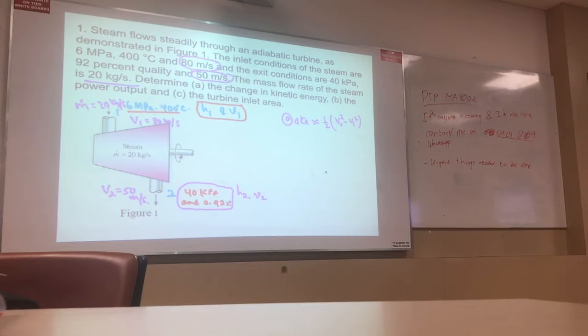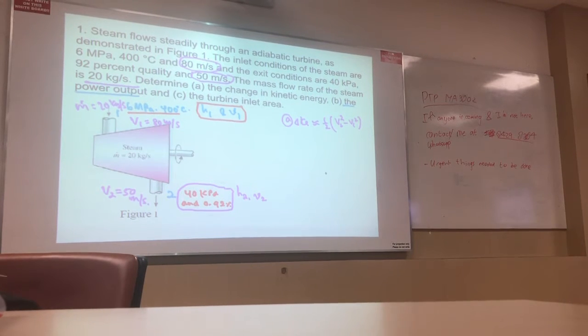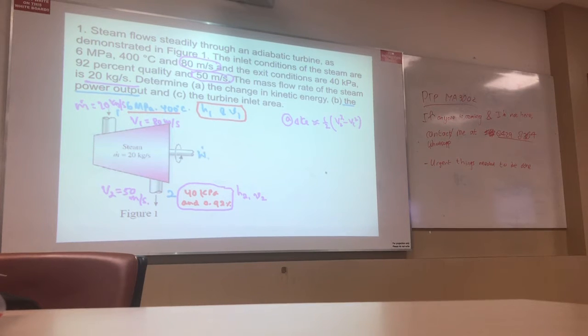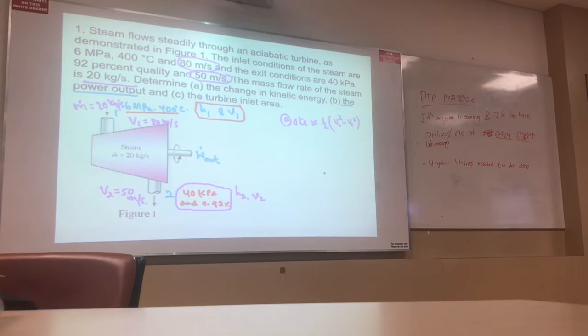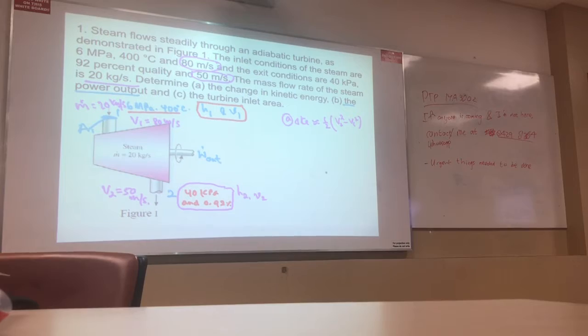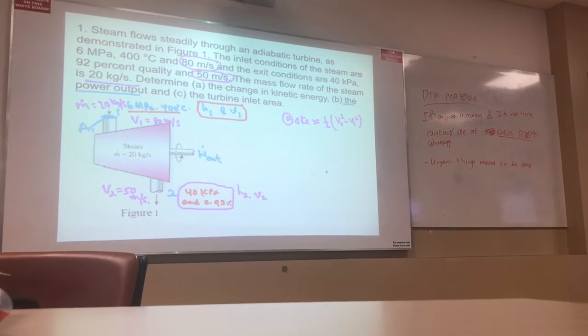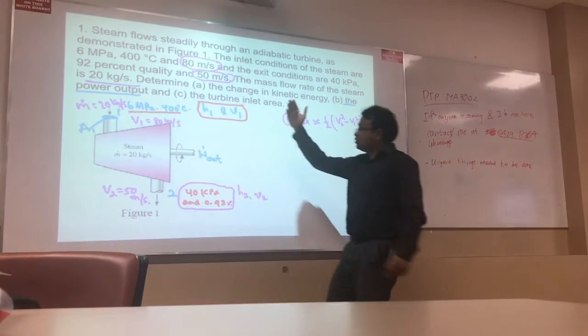So question B, power output. That means W dot out, I have to find. And C, turbine inlet area. At that portion, what is the area? A1. Correct? Then how can we find W dot out?